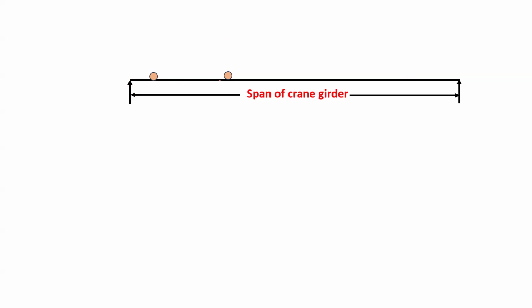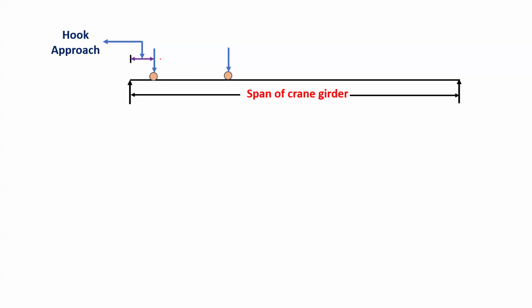Now we have these two wheels and this wheel will move towards the left. And how much distance? You can see we have this distance as hook approach. Beyond this, your wheel cannot be moved. So we have this hook approach distance which is already given to you, and you have to keep these wheels at a distance of hook approach.